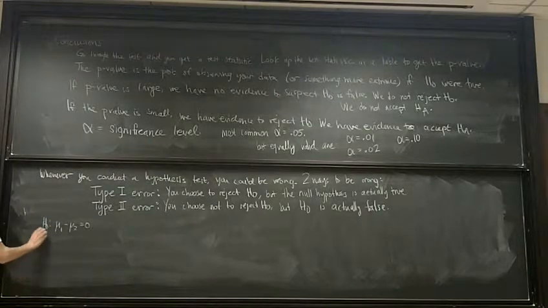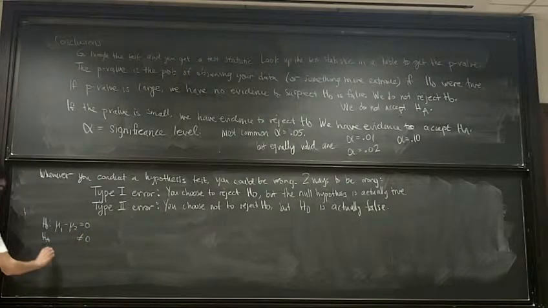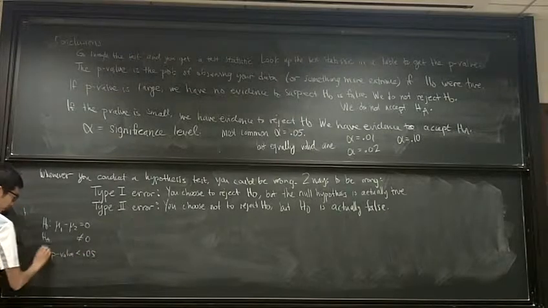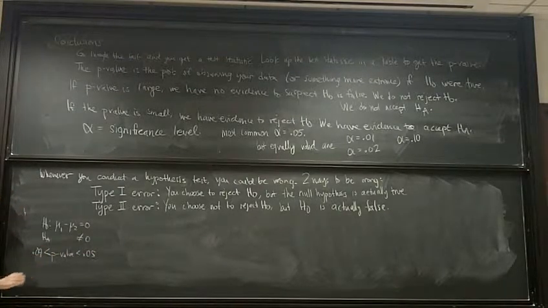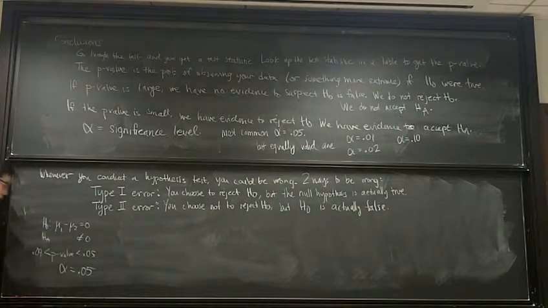The alternative was that there is a difference. We did the test, and we got a p-value between 5% and 4%. So if I choose alpha 0.05, what is my conclusion?